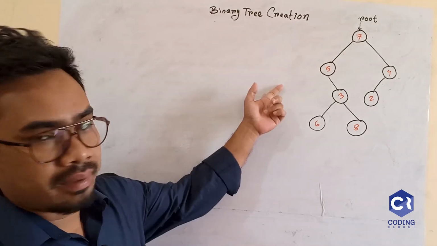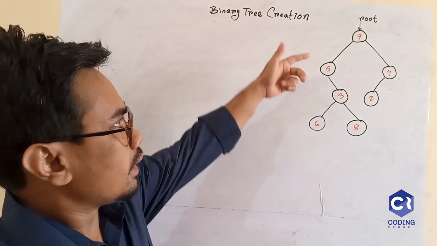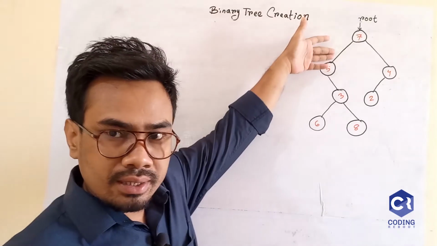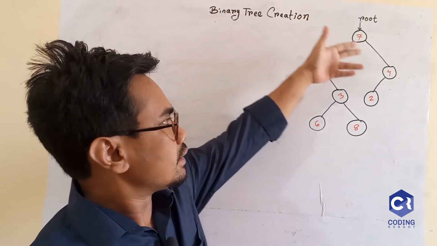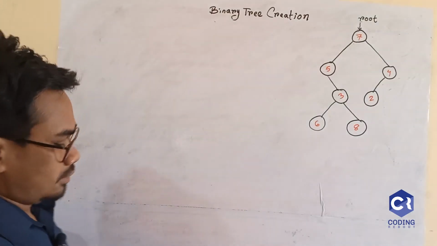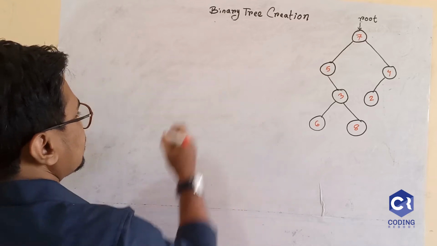So before creating a binary tree, we have to consider that from the root node, is there any left child or is there any right child? So using linked representation, we are going to implement this.